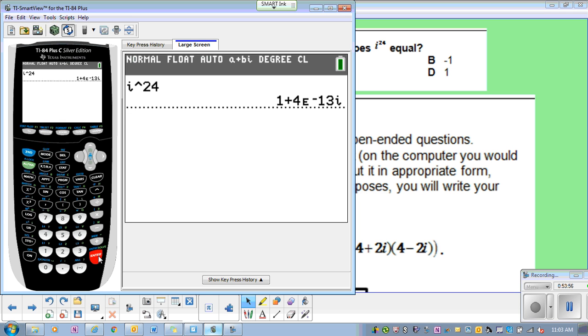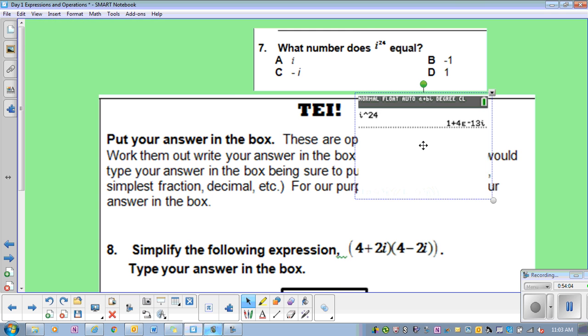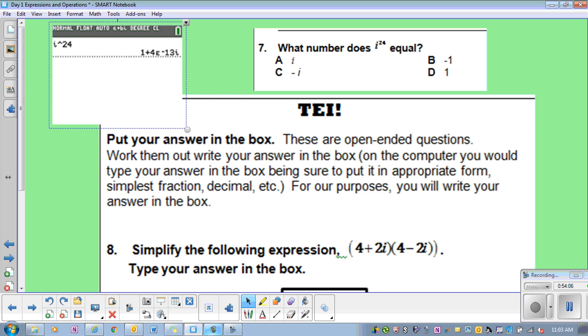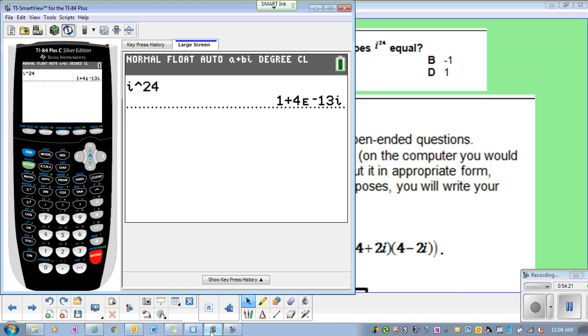Well, not just cancel everything. What you need to do is find the e. Find whatever's right next to the e. So this one and this one, and that goes away. What's left over? 1. That's how you do it.